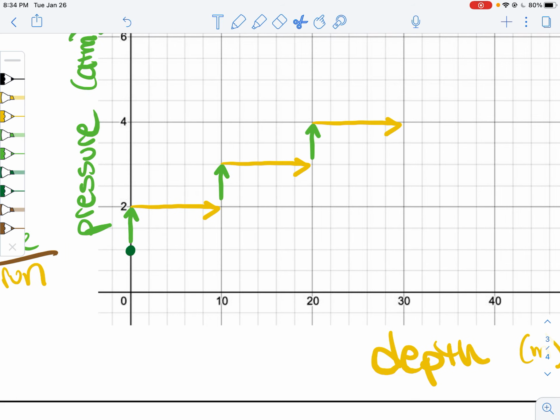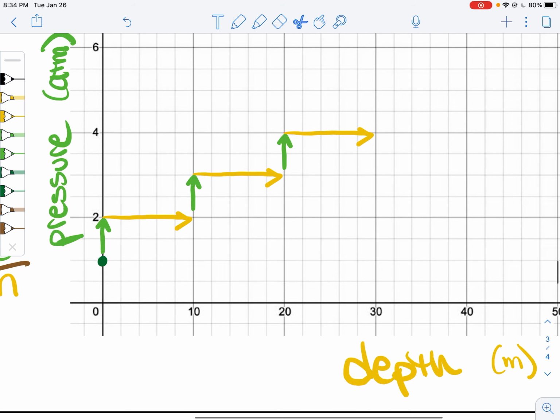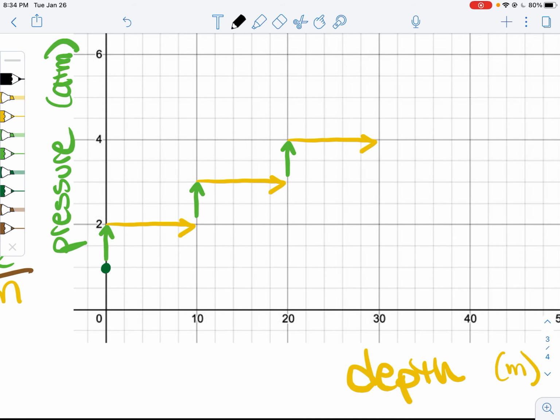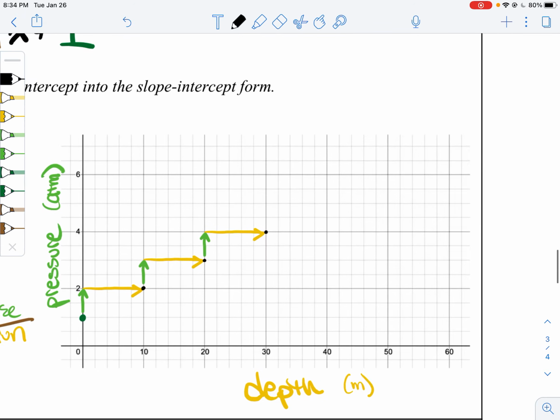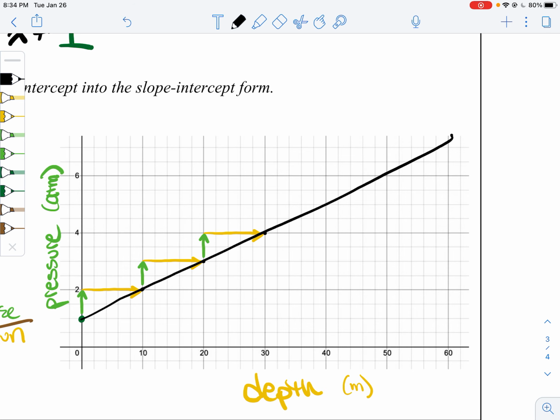Up 1 over 10. Okay, so we've got a point here, a point here, and a point there. Now we can connect them all. Nailed it. No pressure, guys, but this is your diving pressure.